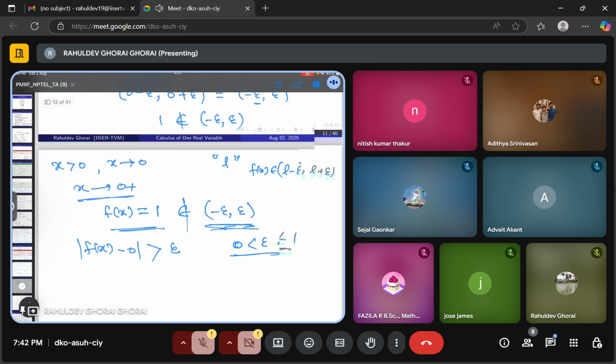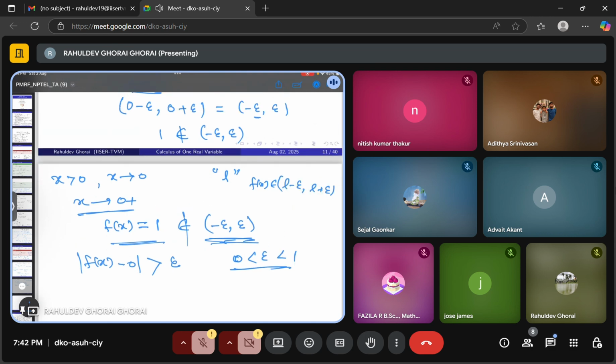If the limit of f(x) as x tends to 0 is 0, then whenever x is in a very small neighborhood, 0 minus delta to 0 plus delta, you should have f(x) belong to 0 minus epsilon to 0 plus epsilon, since the limit is also 0. But that is not happening.